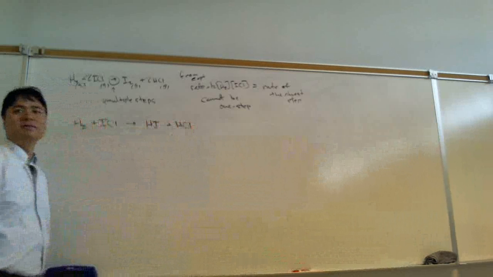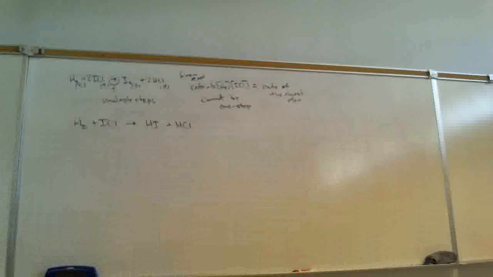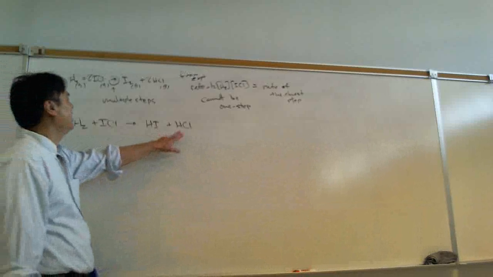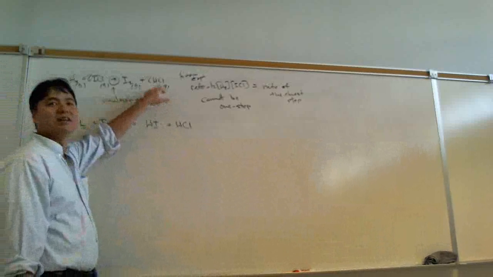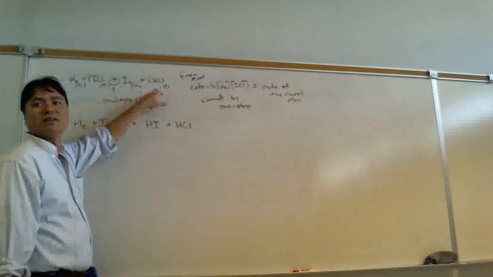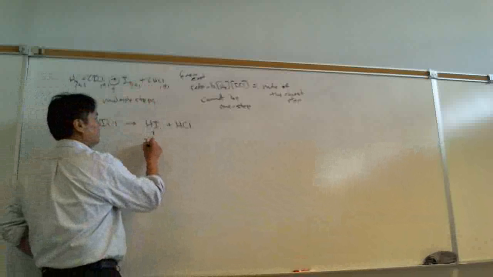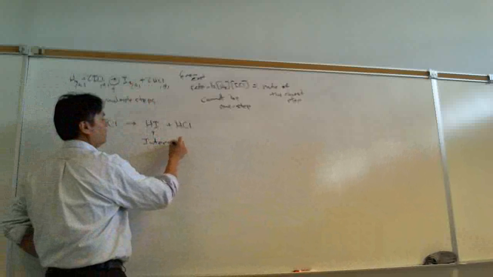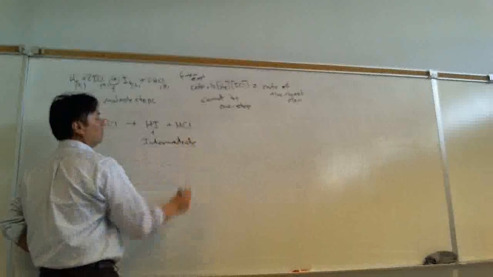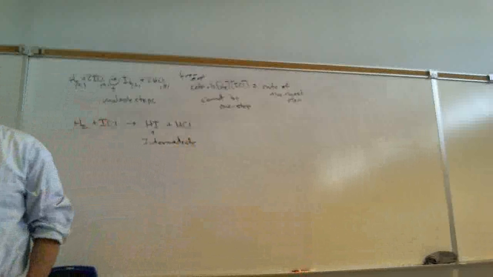That seems reasonable, doesn't it? HCl is fine, but HI is not present. But that's okay, because HI we call an intermediate. An intermediate will be consumed by the time we end this reaction.